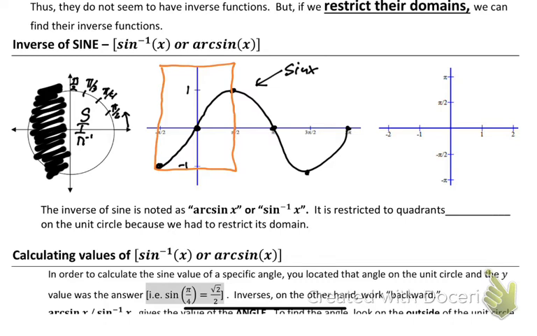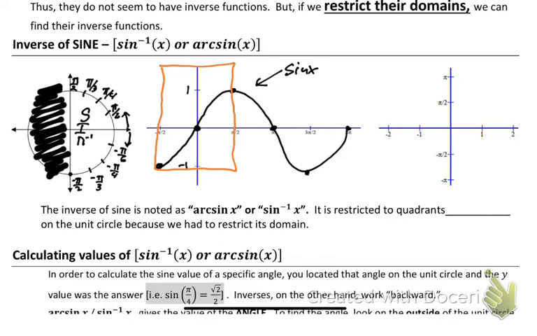Because for me to get to quadrant 4, I can no longer go all the way around here like our yellow circle looks like. Instead, I have to go down. This is going to be very important that we have to go down to these angles, which makes us have a negative pi over 6, a negative pi over 4, a negative pi over 3, and a negative pi over 2.